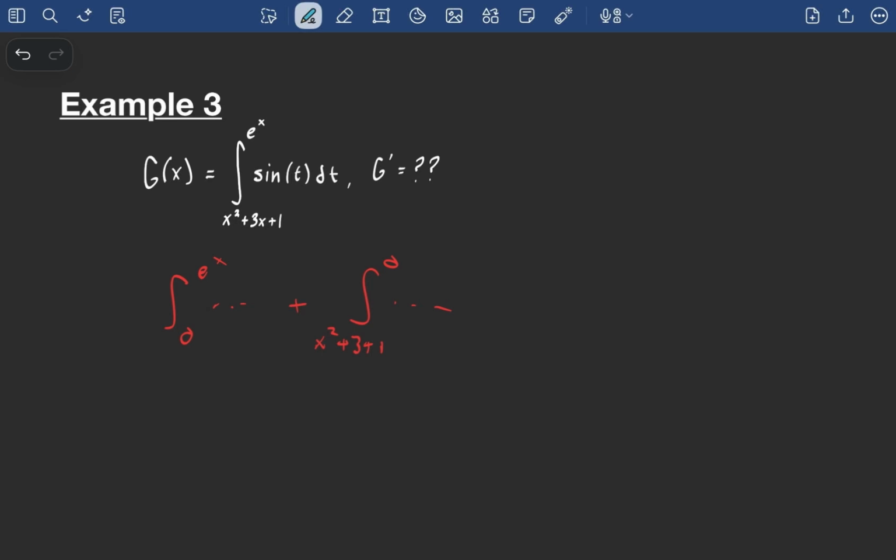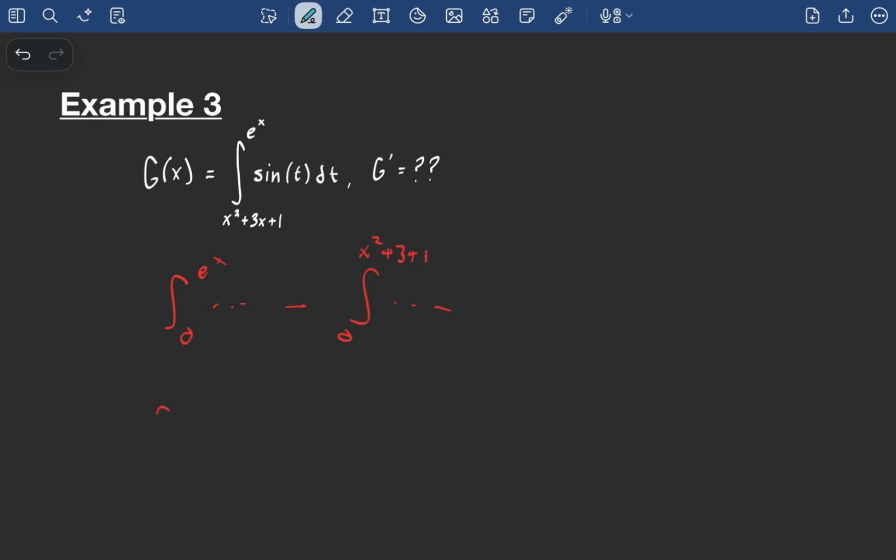You can split it up this way. And then if you take this, turn that into a negative sign, what's on the bottom bound goes to the top, and what's on the top bound goes to the bottom. So you can just switch them like that. So what you end up with is you just use FTC normally for the first one, and then you just subtract what you get with FTC normally for the second one.